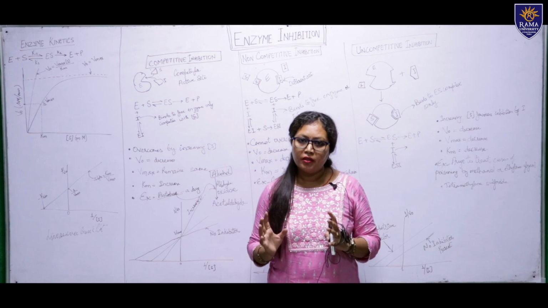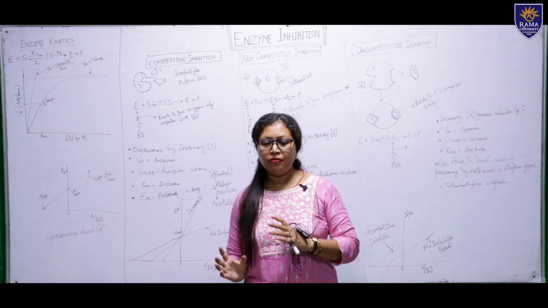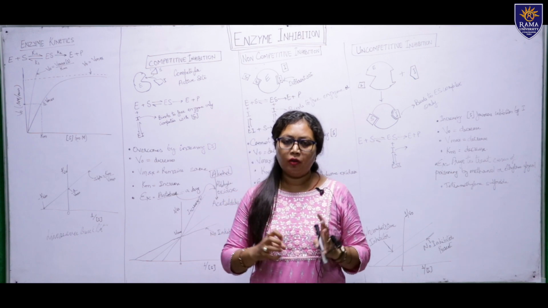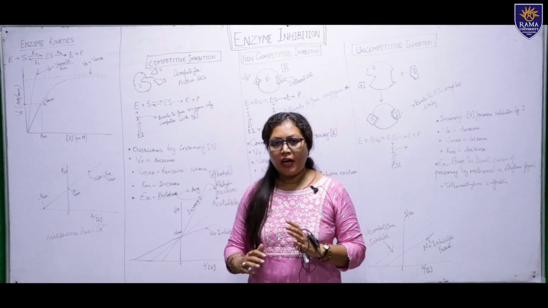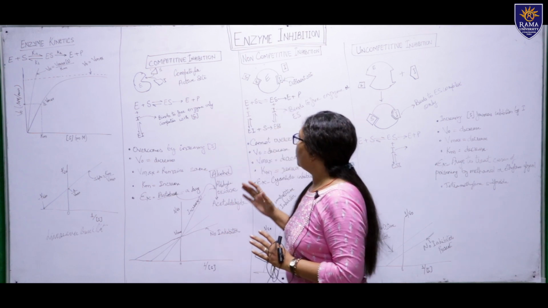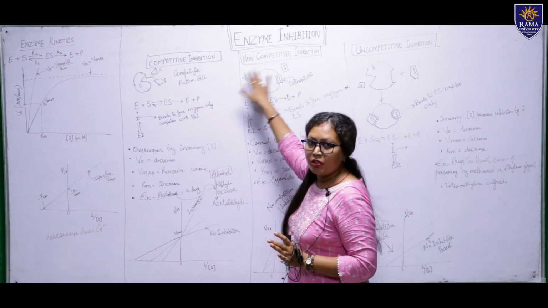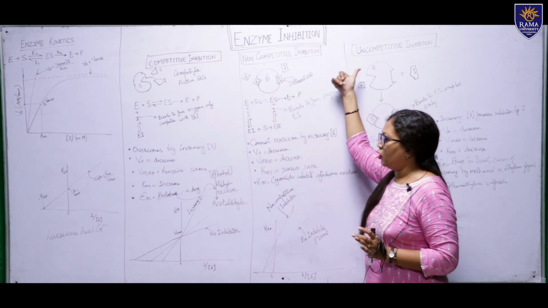We have so many drugs which work by stopping a particular kind of enzyme, so that we can solve a particular purpose. There are three types of enzyme inhibition: competitive inhibition, non-competitive inhibition, and uncompetitive inhibition.